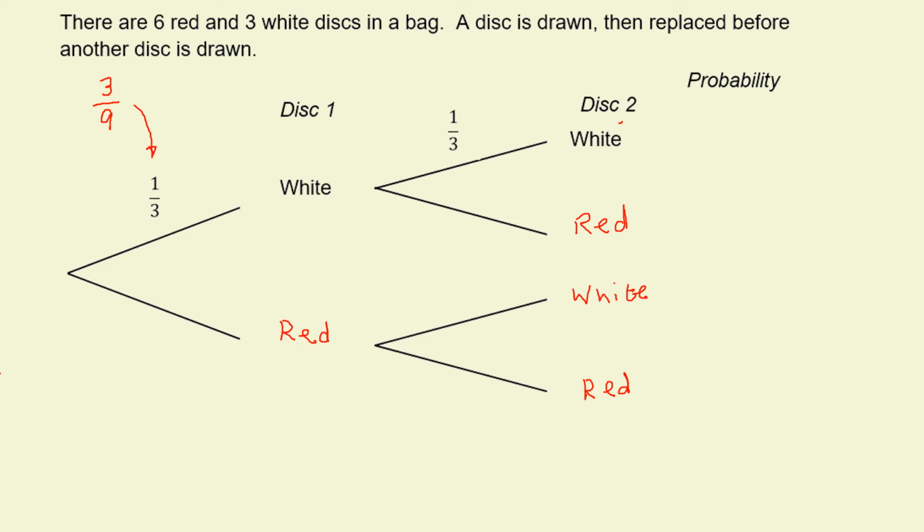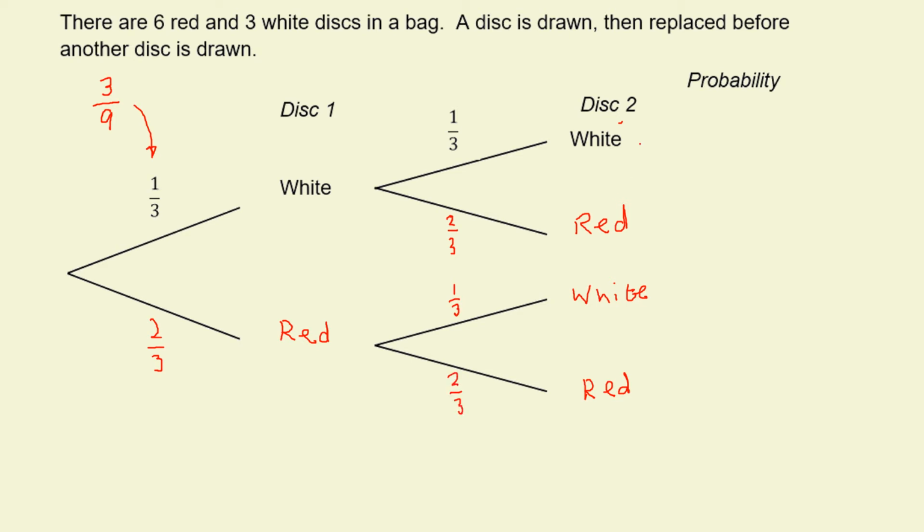What goes on the red branch then? So that's 2 in 3 times. 1 in 3 times he gets a white, 2 in 3 times he gets a red. And we can copy that through. 2/3, 1/3, 2/3.